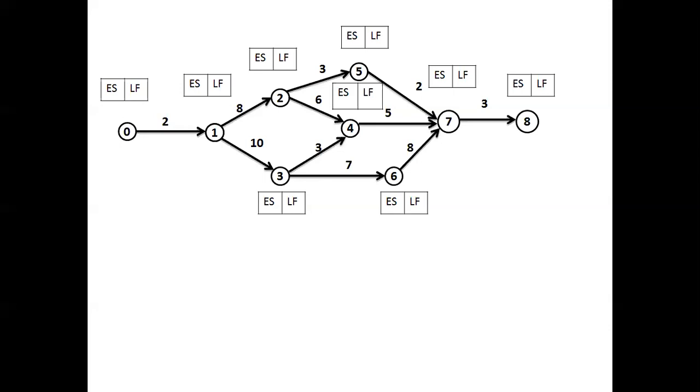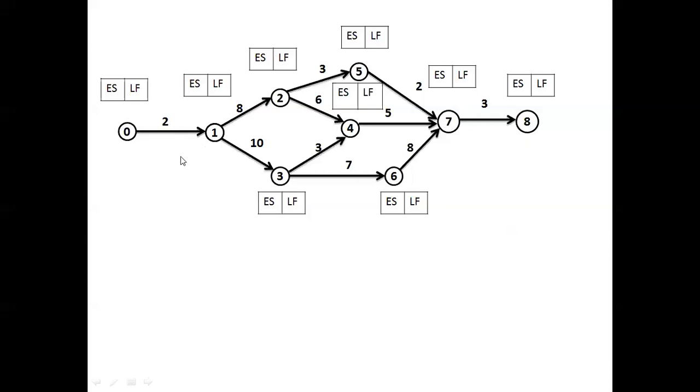Then latest finish time means by delaying, to what extent you can delay the completion of an activity, so that indicates the latest finish. So this latest finish and earliest start time can be determined by using the network diagram.